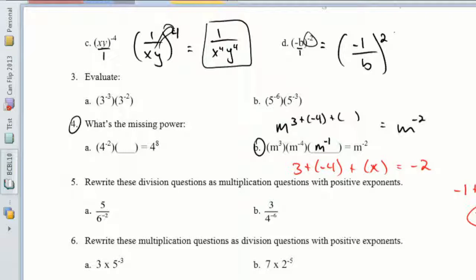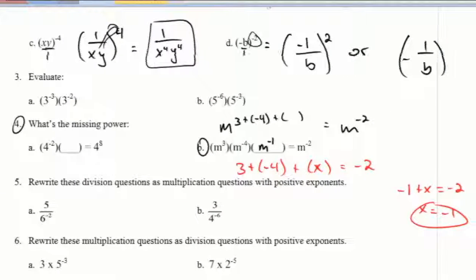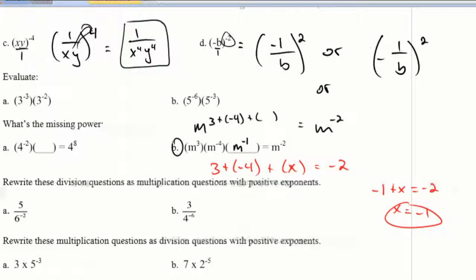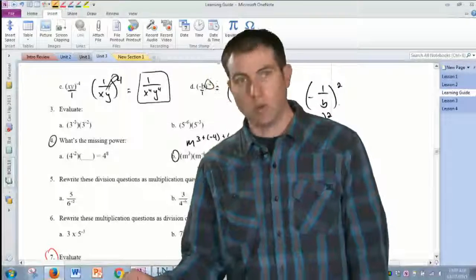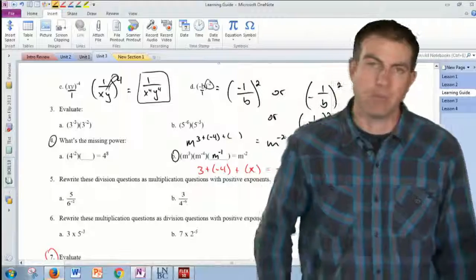I like the negatives up top. You could have written it as 1 over b with the negative out front, or you could have written it as 1 over negative b. That's all fine. They're all the same thing. That negative can go wherever you want to put it, but just be consistent.